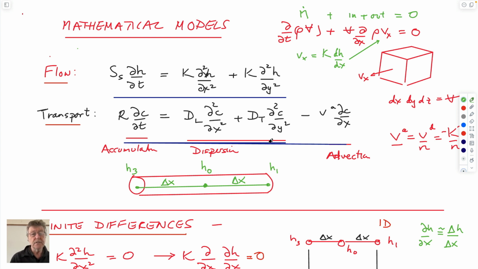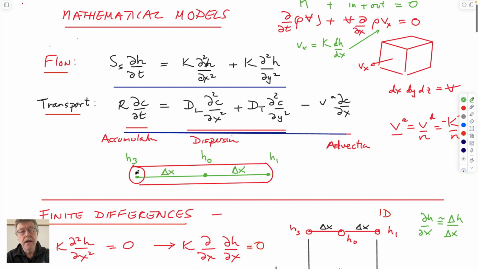You know that this is the dispersion part, this is advection, this is storage of water in the subsurface, this is storage of mass of contaminant, and it's affected by this retardation coefficient. And we also know that this is the advective velocity, which is the Darcy velocity divided by porosity.